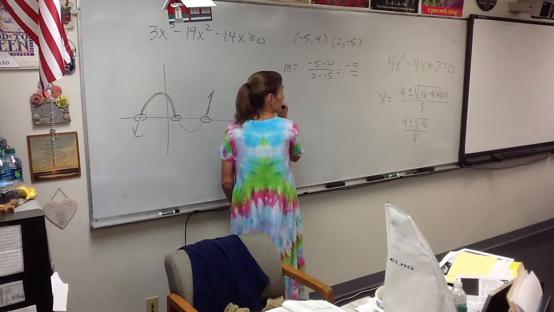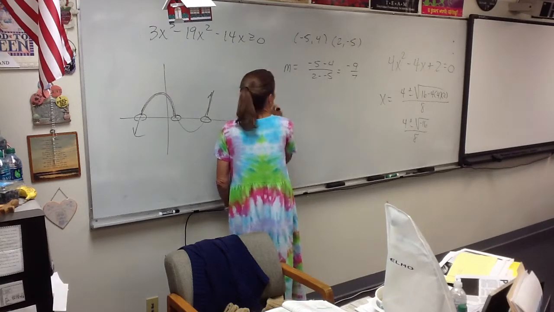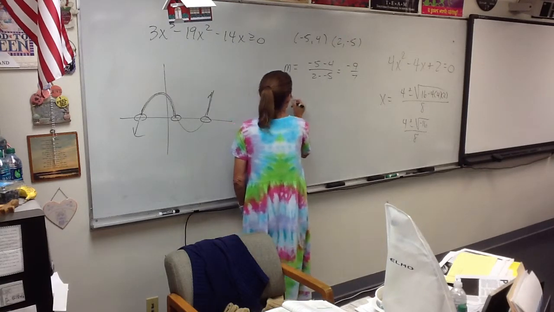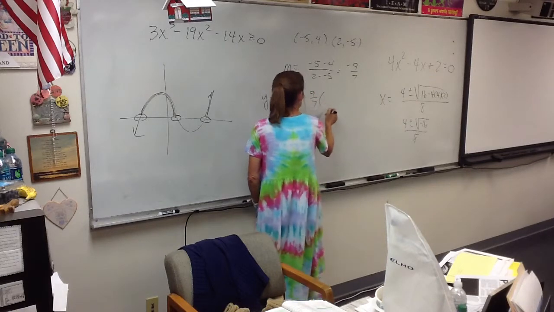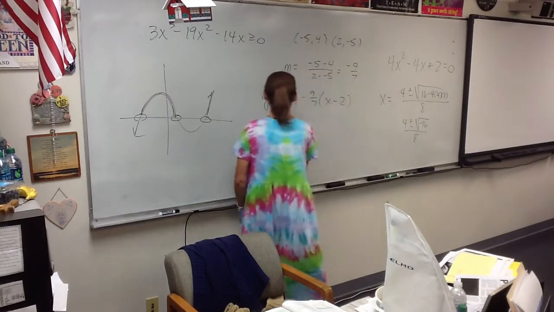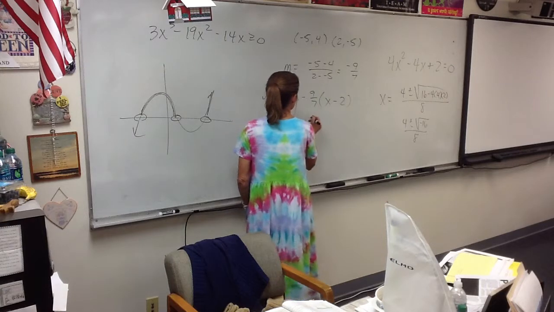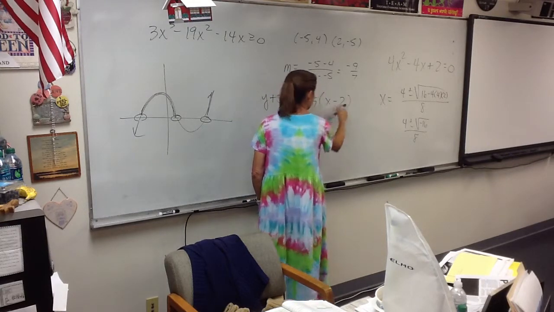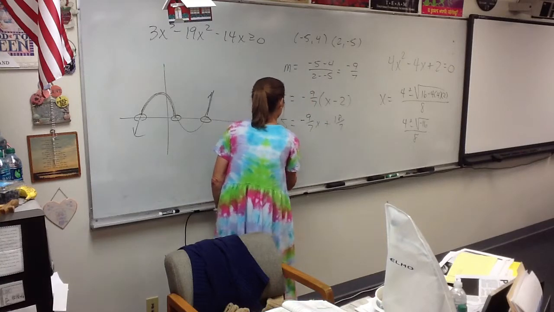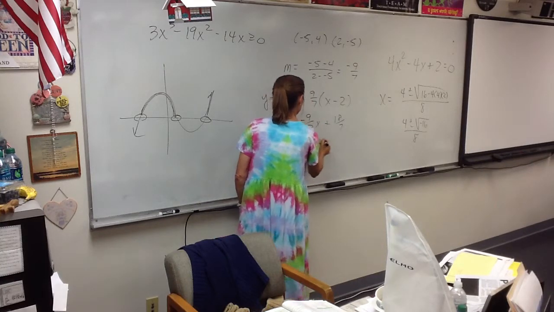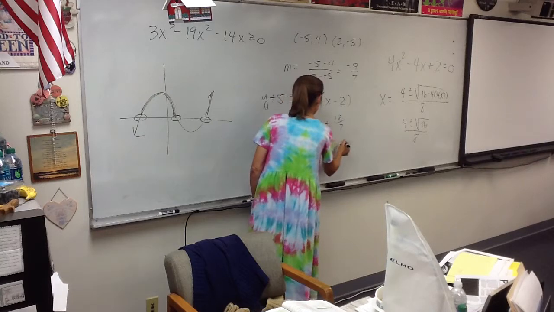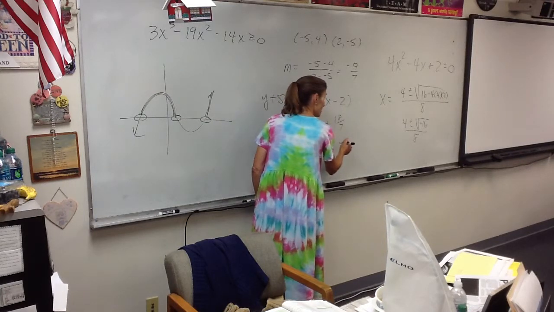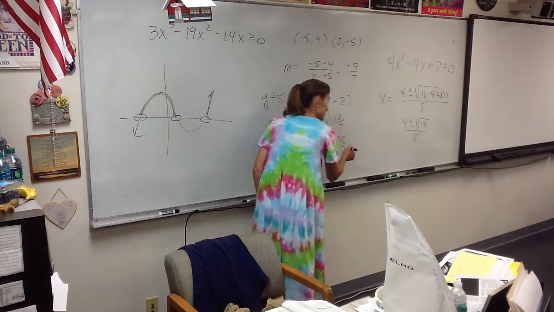So you take y minus, or y plus 5, and x minus 2. Perfect. So we have y plus 5 equals -9/7 x plus 18/7. So y equals -9/7 x plus 18/7 minus 5, which would be 35/7.